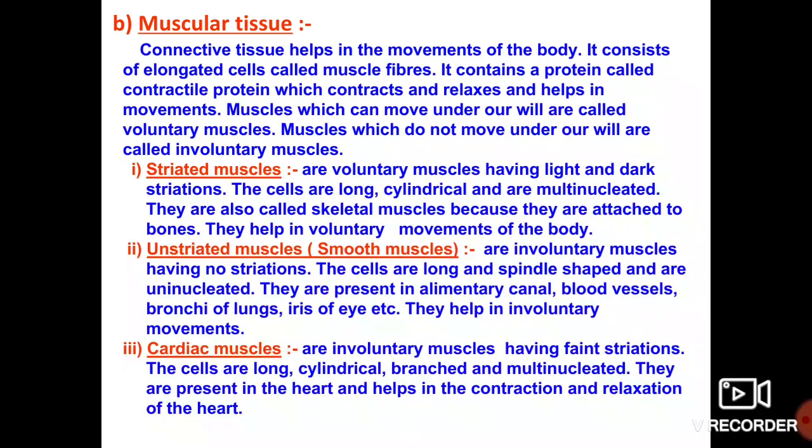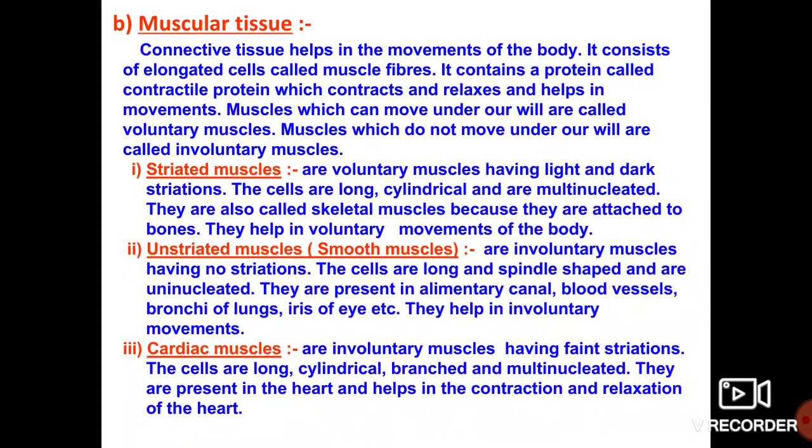As we know, smooth muscles are actively involved in involuntary actions, so smooth muscles are also called involuntary muscles. How are the cells made up in smooth muscles? The cells are long and spindle shaped. Spindle means with sharp edges, and they are uninucleated, which means they have only one nucleus.